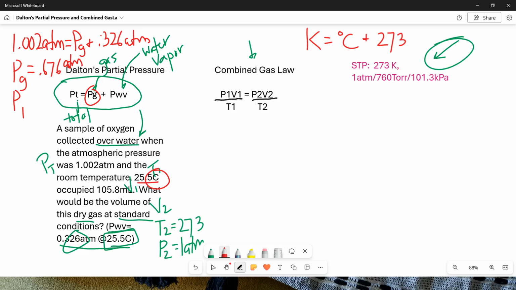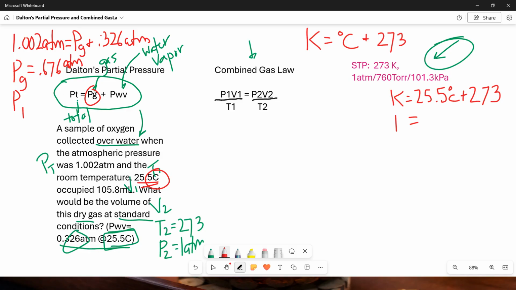Oh, we also need to do a temperature. So my Kelvin temperature is going to be 25.5 degrees Celsius plus that 273. So my temperature 1 in Kelvin is going to be 298.5 Kelvin.